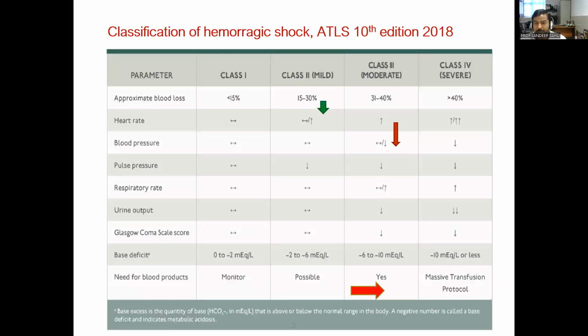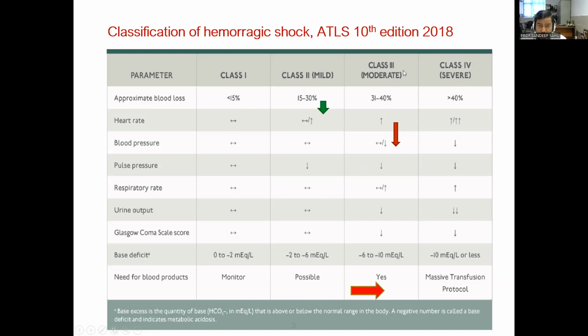So we know this table of hemorrhagic shock, taken from the 10th edition of ATLS. In class 1 shock, when the blood loss is less than 15%, we don't have to give blood product. Class 1, the patient doesn't have any symptom. In class 2 shock, the patient can have only tachycardia, and we don't have to give blood product.